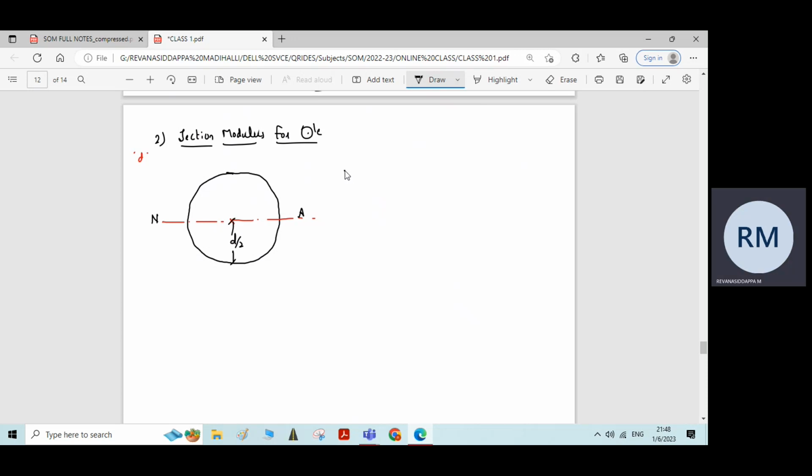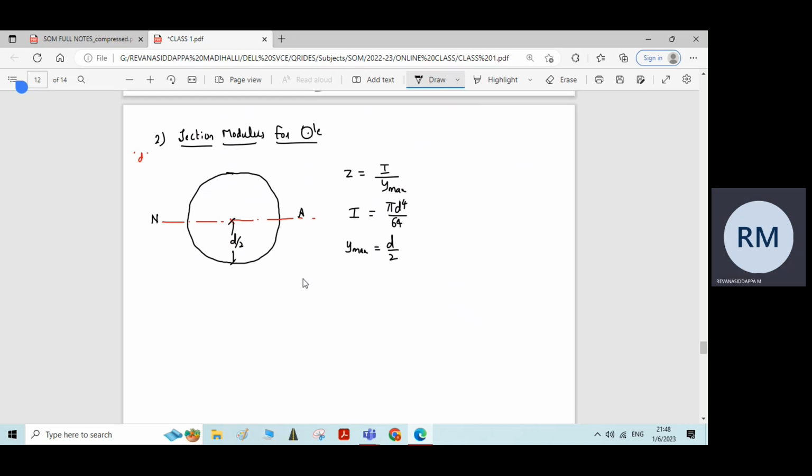And we know that Z is equal to I by y max, and the moment of inertia for a circle, we know that it is pi d raised to 4 by 64.